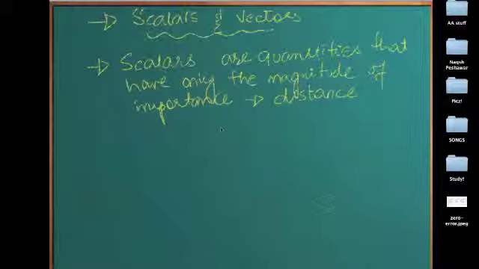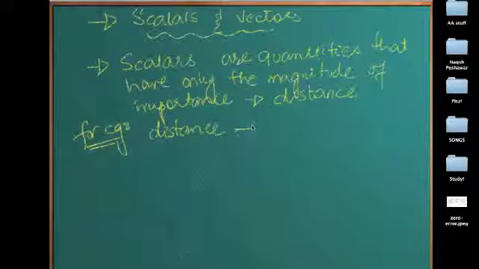If you tell me that you covered a distance of 85 kilometers, this information would be sufficient for me, and that's completely enough. You do not need anything else. So 85 is the magnitude of distance. For scalars, only the magnitude is of importance.